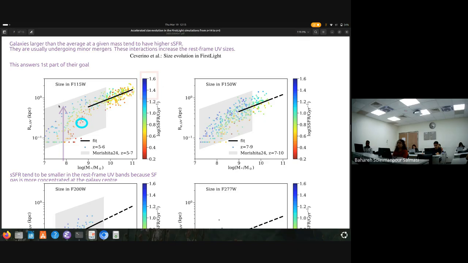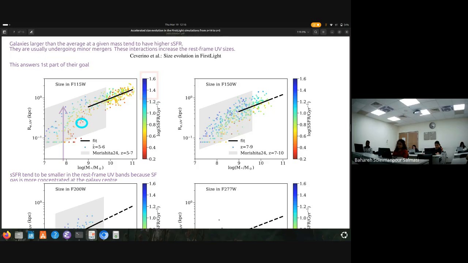You can see the blue points here. They are higher than the average, and you can see the specific star formation rate is also higher. And the ones which are lower than this average value, like these points, are lower because the star formation gas is more concentrated in the galaxy center, and that's why you see these compact galaxies as well.